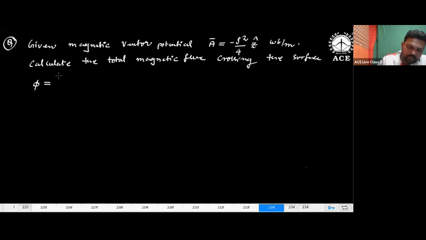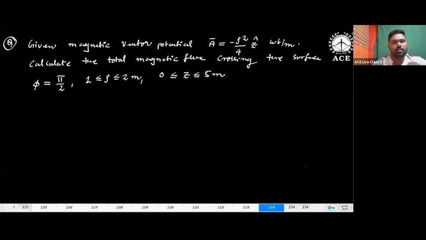Phi is equal to pi by 2, rho is ranging from 1 to 2 meters, phi is ranging from 0 to 5 meters. Yes, beta.